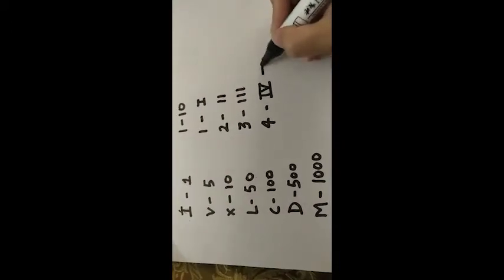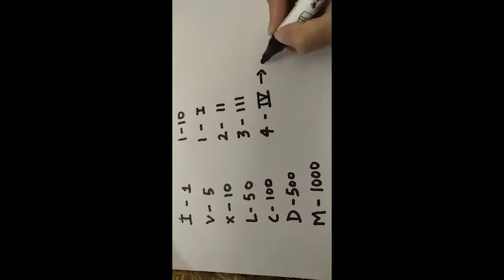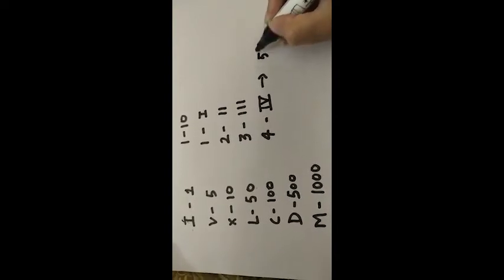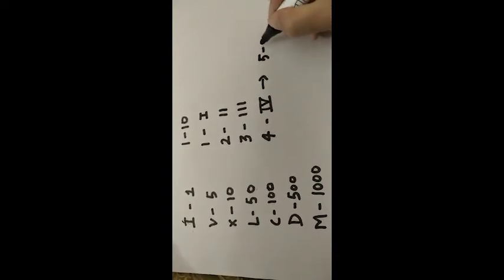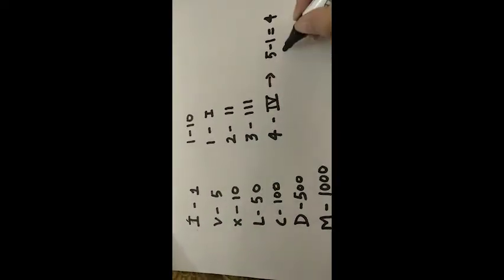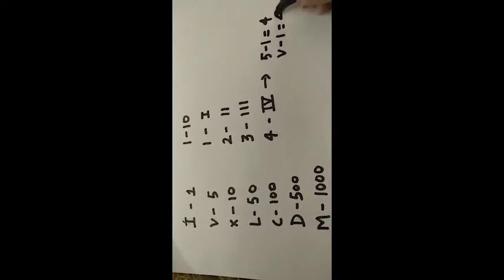Now the formula behind it: if we subtract 1 from 5, we get 4. The symbol for 5 is V, minus 1, that is 4.